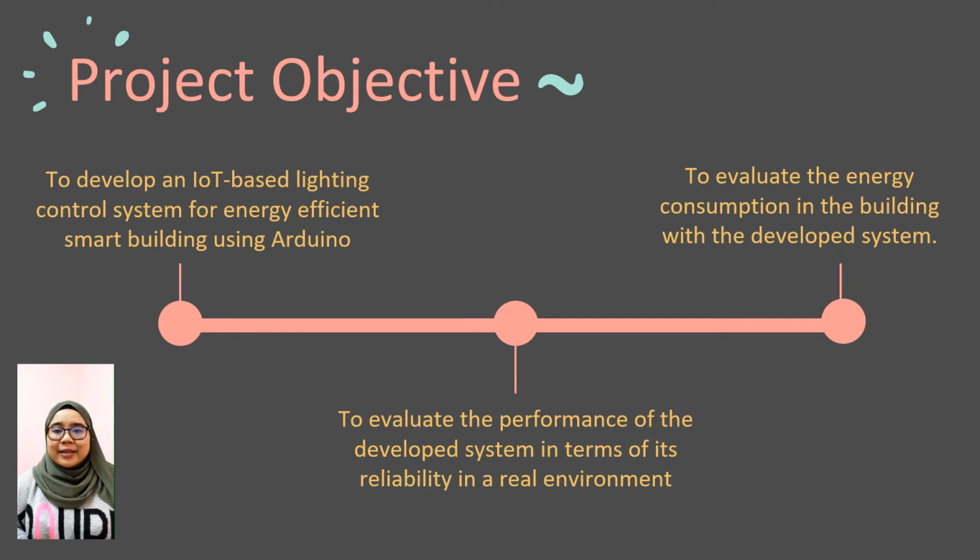The second is to evaluate the performance of the developed system in terms of its reliability in a real environment. And the last objective is to evaluate the energy consumption in the building with the developed system.